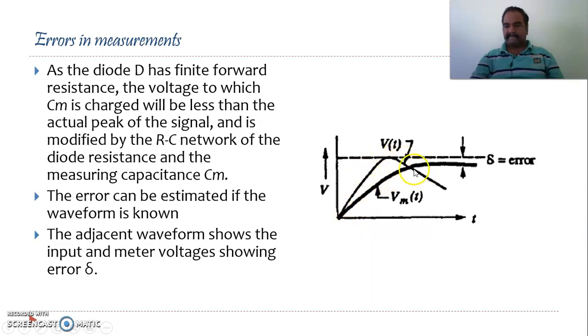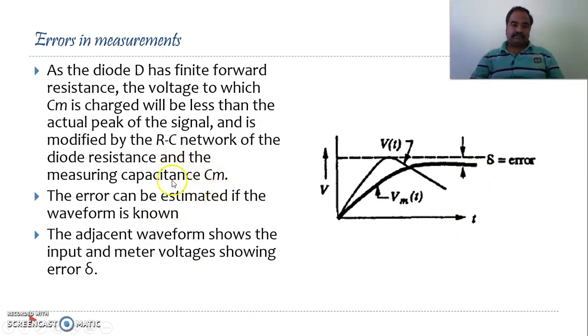Once it starts decreasing, it maintains its voltage because it is not having any discharging path. That is why we are using a high impedance voltmeter. If you use a low impedance meter, then the capacitor starts to discharge through it. So, there is always a need for a high impedance meter across your capacitor.